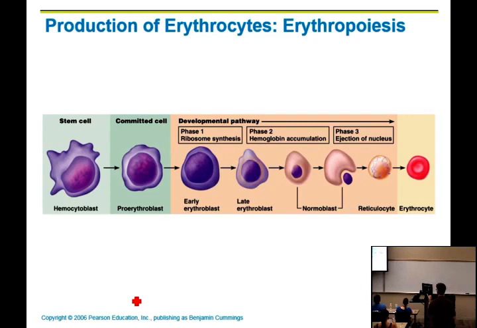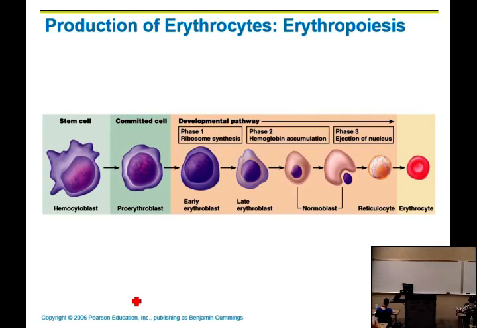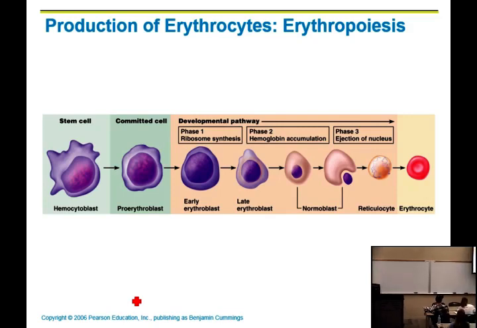So when we talk about the production of the red blood cells, you start with a stem cell. Where are these stem cells being generated? In the bone marrow, in the red bone marrow, right? So these precursor cells that we see here are inside of the bone marrow. And we start out with what's called a hemocytoblast. So this is a generic stem cell that is going to give rise to later cells that are going to be red blood cells.